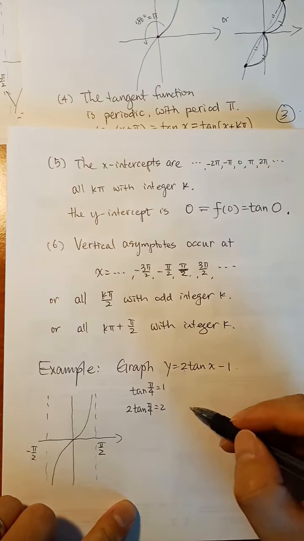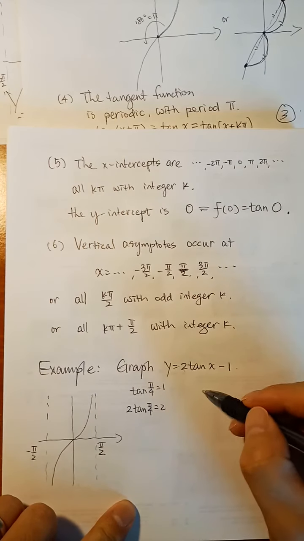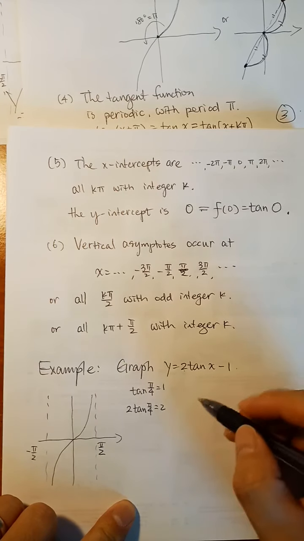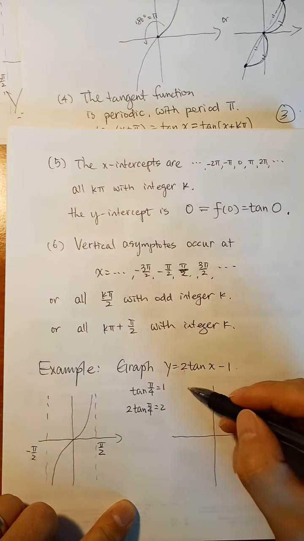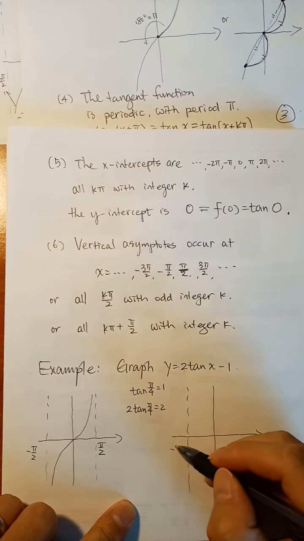So how do we get the 2 tangent of x? You still get the negative pi over 2 part and the positive pi over 2 part.